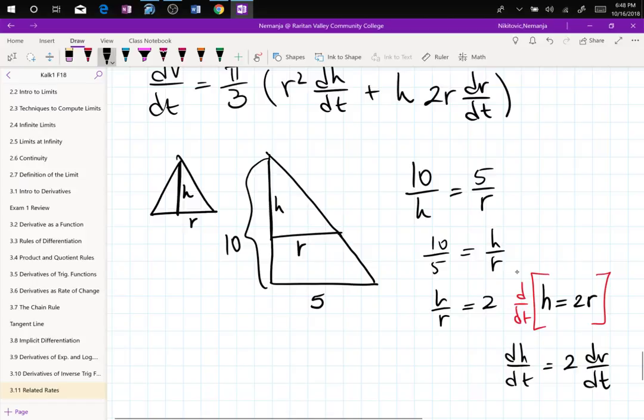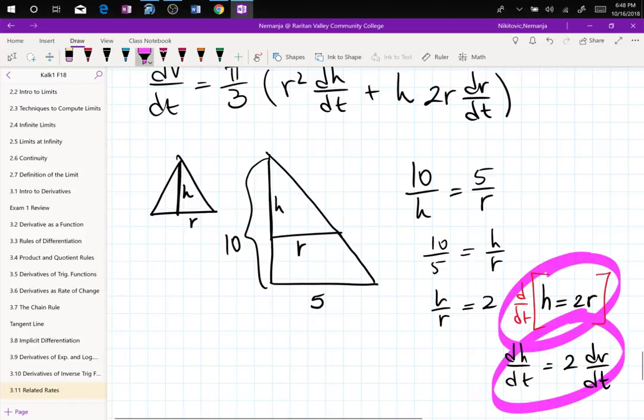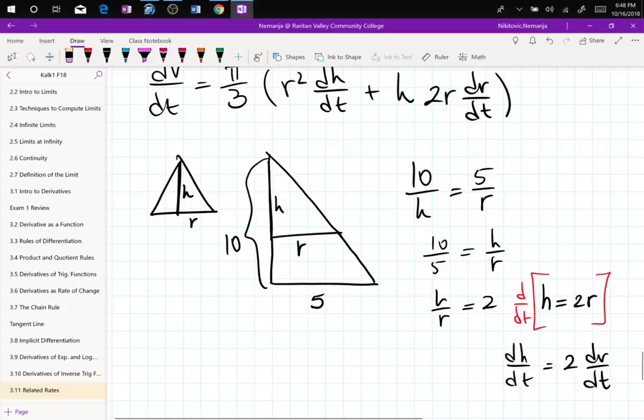Because you have two equations here that will eliminate either h from both or r. So they're connected that way. Let's say you want to eliminate h because it's already there.